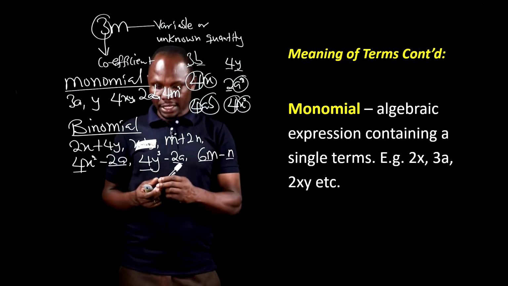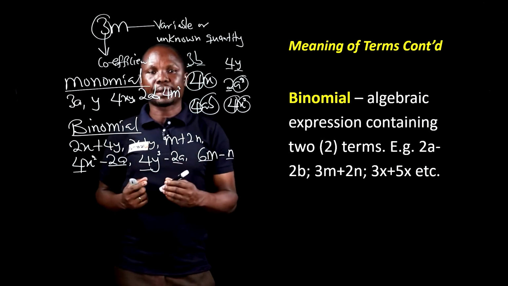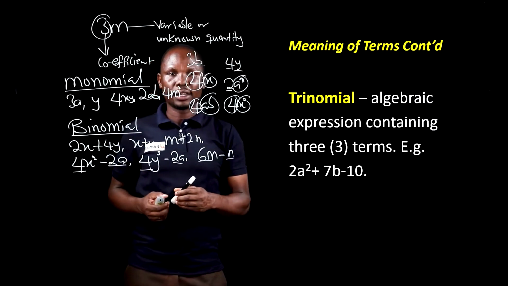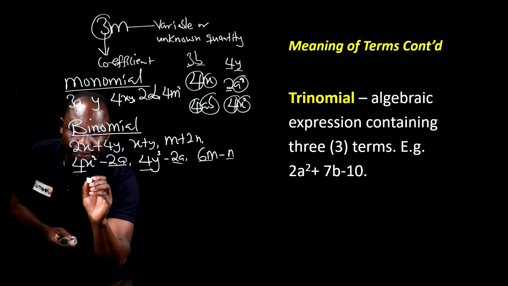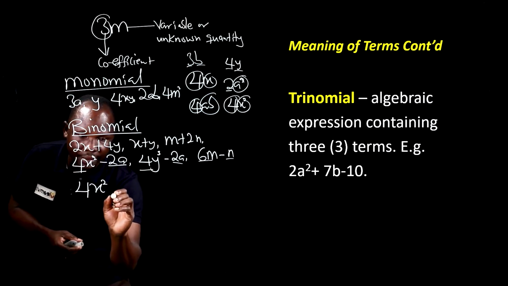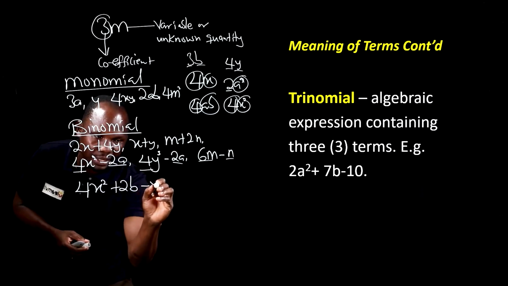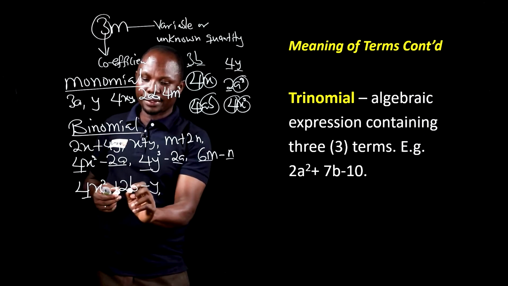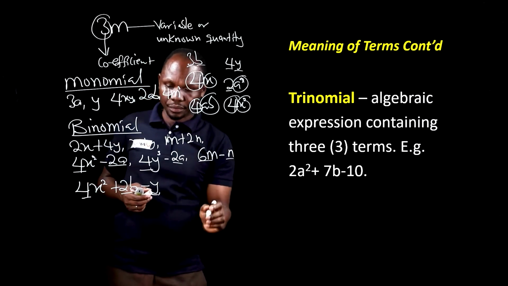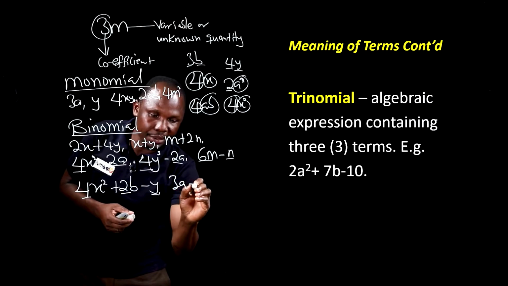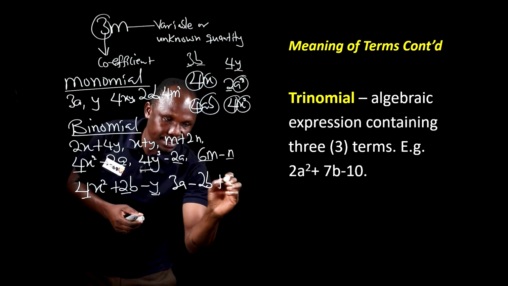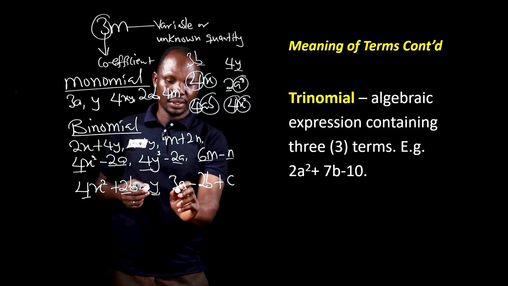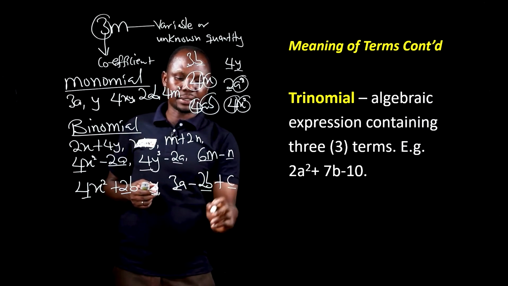Now, an algebraic expression containing three terms is what we call a trinomial. If we have 4x squared plus 2b minus y, it's a trinomial. It contains three terms. If we have 3ab minus 2b plus c, it's also a trinomial.